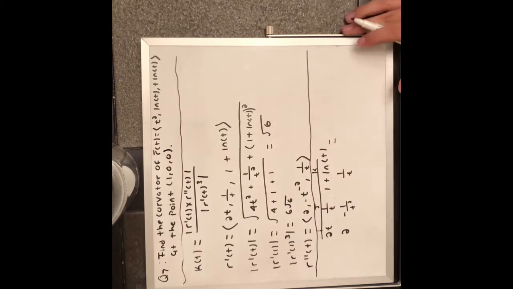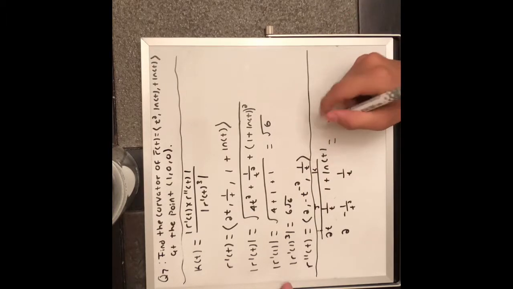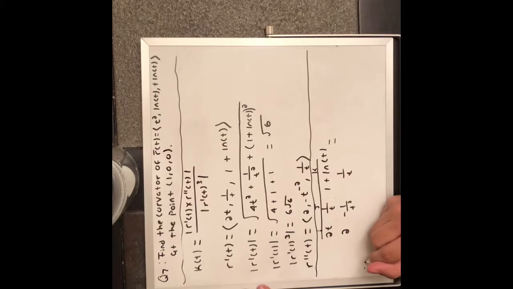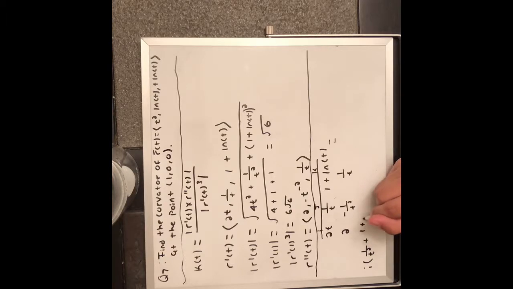If you cross this, we will have i times 1 over t squared, plus, that will be a minus, (1 plus ln of t) over t squared.